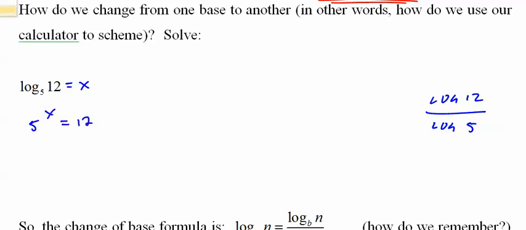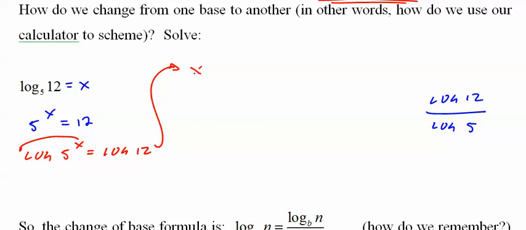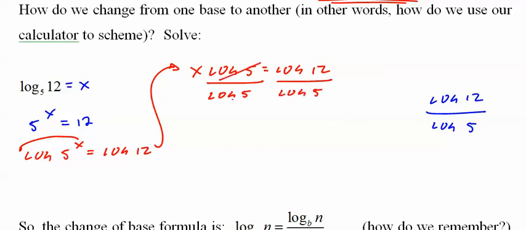And then I would take log of both sides, log of 5 to the x, log base 10, but again, I don't write it, equals log base 12. Bring the x out front. X log of 5 equals log of 12. Divide both sides by log of 5. And there it is. X equals log of 12 over log of 5.